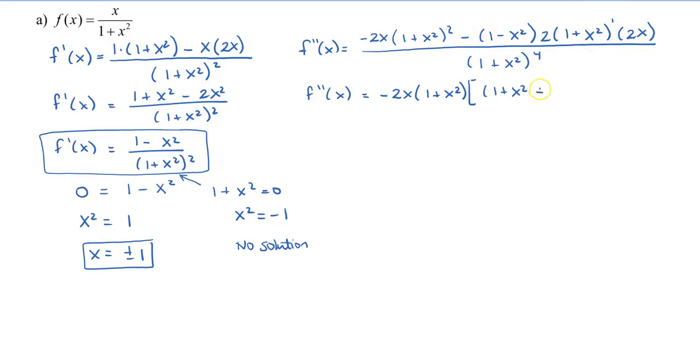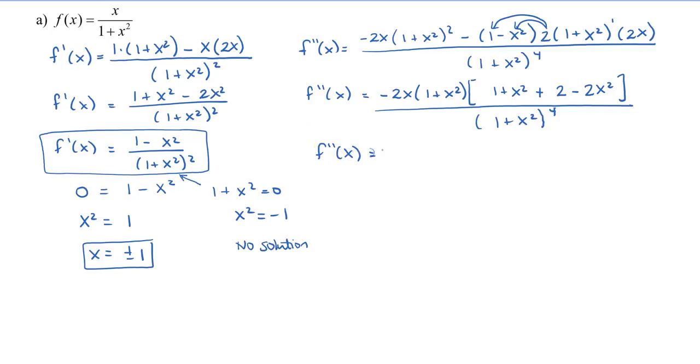So I'm going to have plus, and I'm going to distribute this inside to here. So I have 2 minus 2x squared. So actually I don't need this bracket here. And then all of this will be divided by 1 plus x squared to the power of 4.